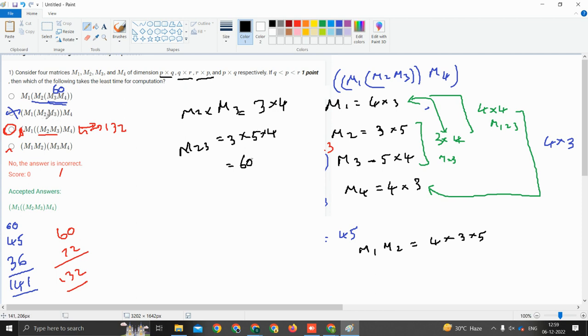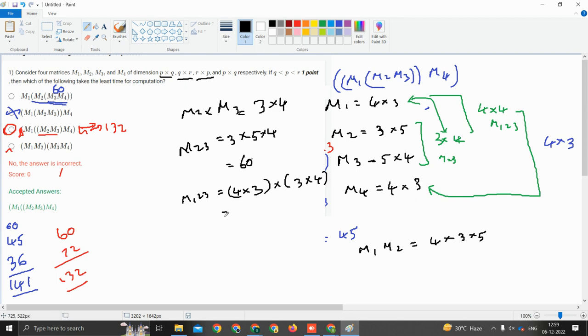So what are you doing next? Looking at this option, what's the next bracket corresponding to? M1, we are multiplying it with M23. So it's just M1, 2, 3, right? First I'll write M1, which is 4 cross 3, multiplied by the resultant of the previous, 3 cross 4.